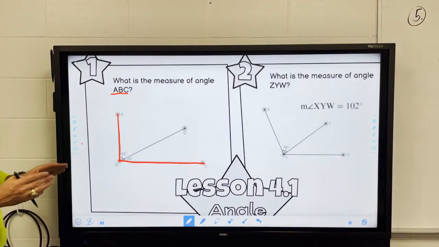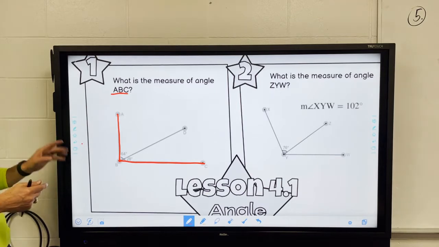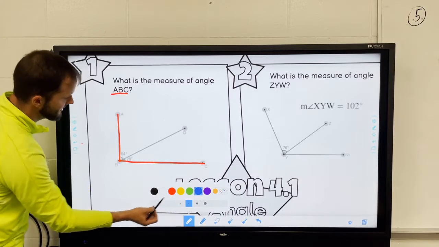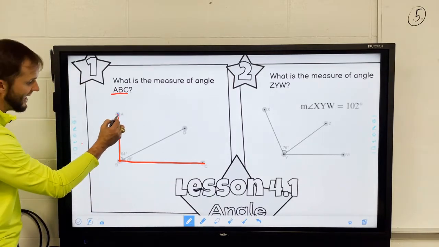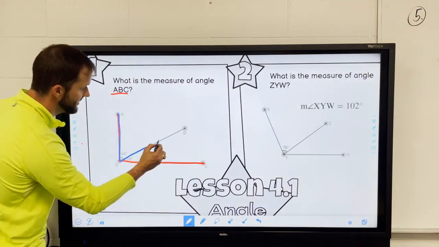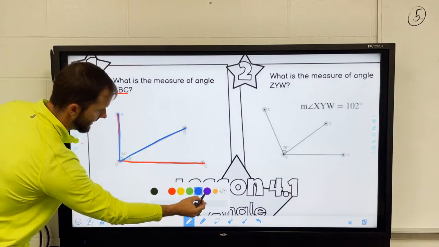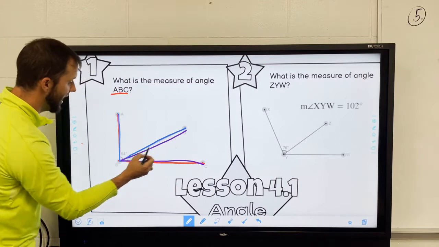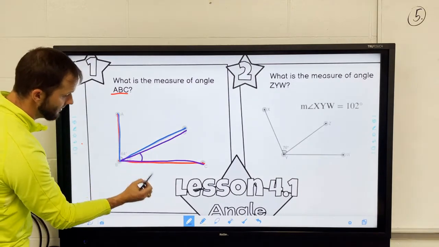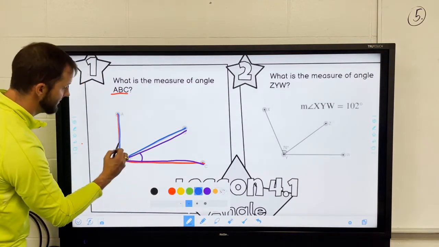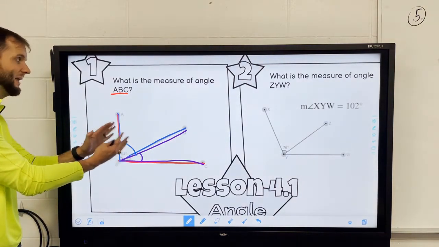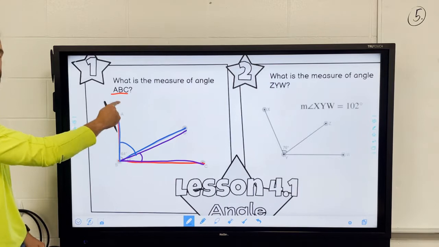There are actually two other angles being formed. I'm going to trace these angles. If I go from A to B to D, and then from C to B to D, I have two different angles. I have this angle here, and I have this angle right here. So both of those angles are combining together to be ABC.